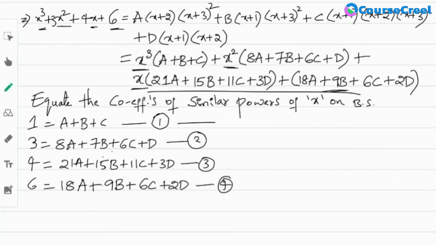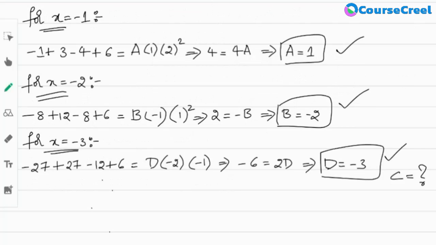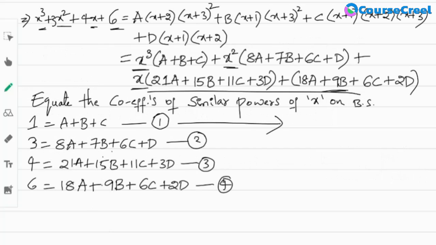So in equation 1, we will substitute the values of A and B and we will obtain the value of C. So A equals 1, B equals minus 2. So 1 is equal to 1 plus minus 2 plus C. This implies C is equal to 2.